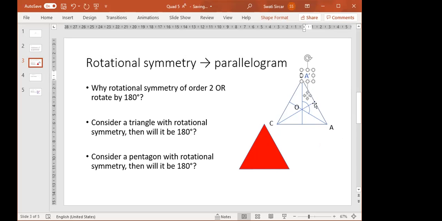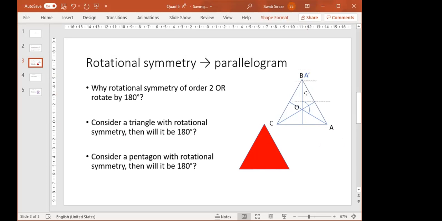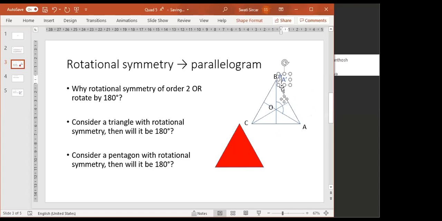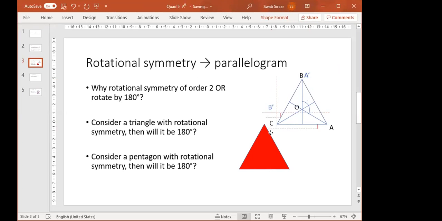This is where A will be, and this is where B is going to come, and you can understand where C is going to be. So if you look at that, the angle by which A has rotated is 120 degrees.